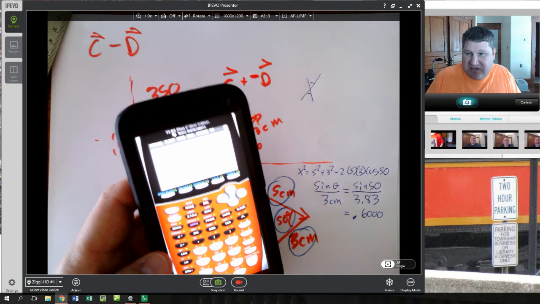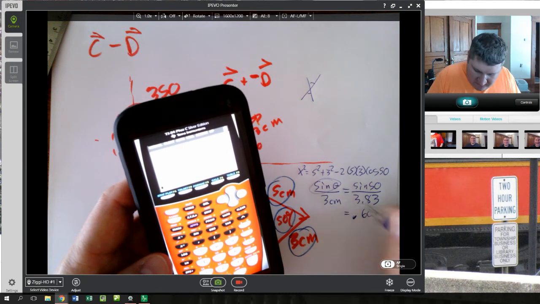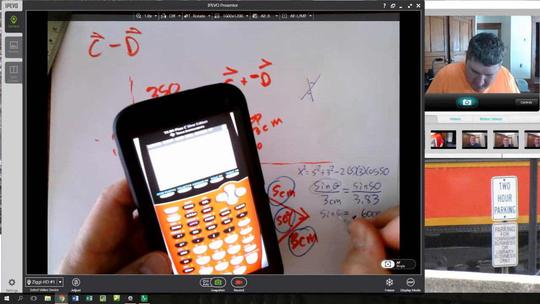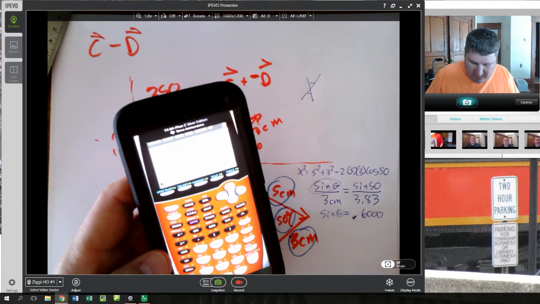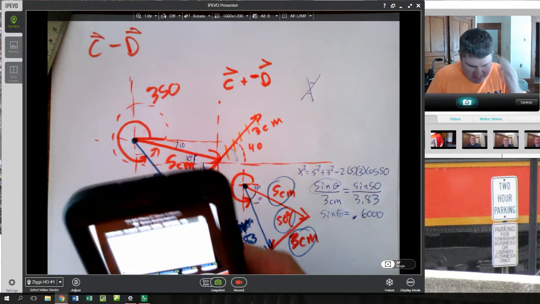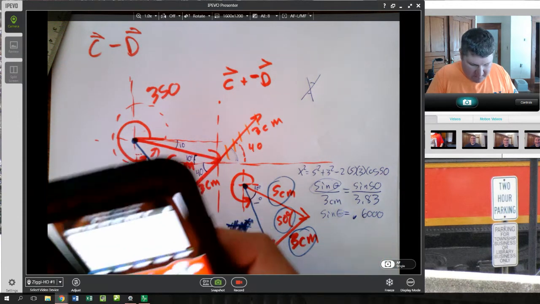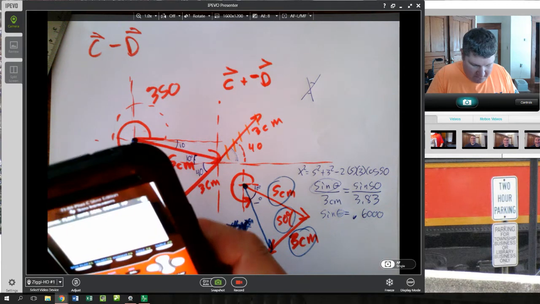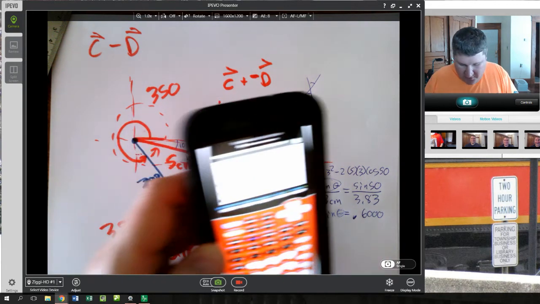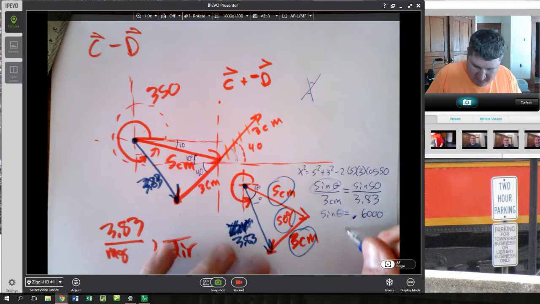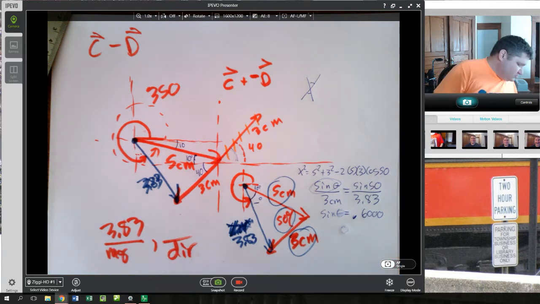That makes no sense as an angle. But remember, it's sine of theta equals 0.6. So what we need to do is take the inverse sine of our answer, and there we go, 36.87. Theta equals 36.87.